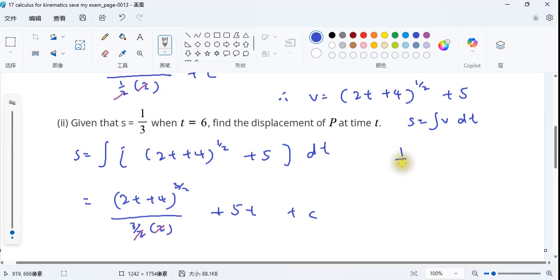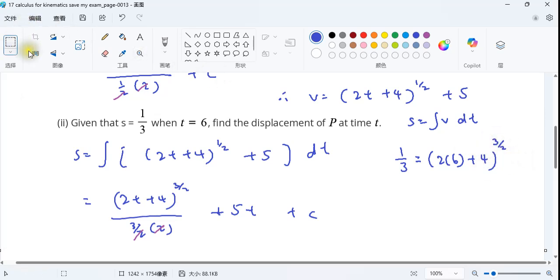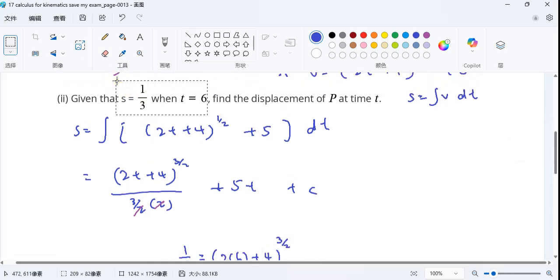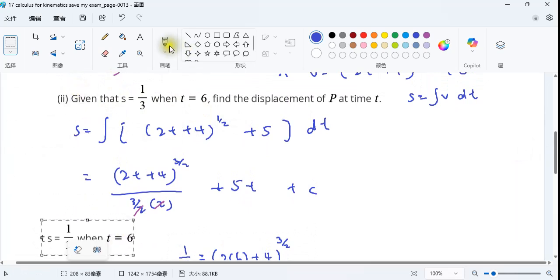So S is 1/3, and then 2 times 6 plus 4 to the power of 3 over 2. So S equal to 1/3 when t equal to 6.